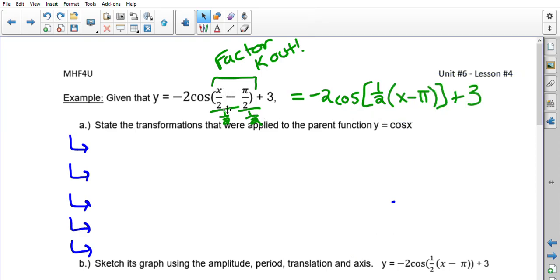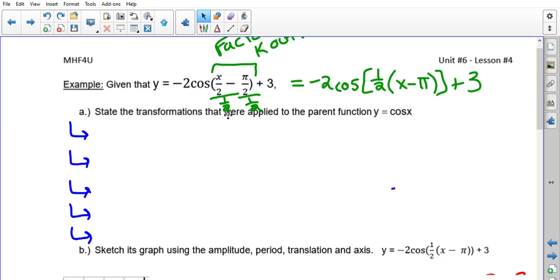So that's going to cancel it out here, so we're left with x, which is what we wanted, and then minus pi, because pi over 2 divided by 1 over 2 leaves you just with pi, and then plus 3. Anything divided by itself is 1, and then you just have pi.